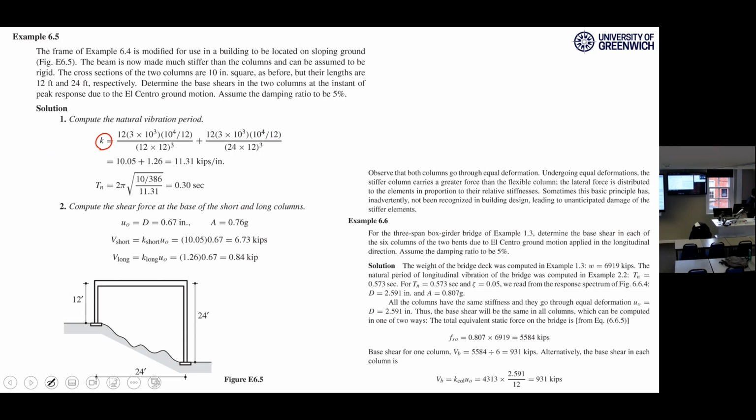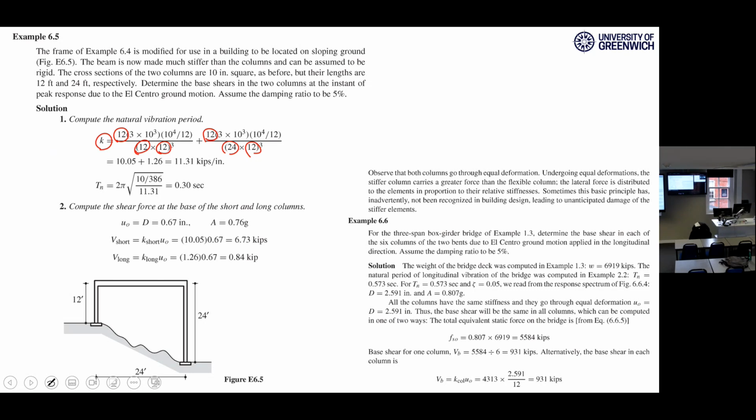It's going to use 12 EI over L cubed. Since the slab is rigid, it's using 12. But for different columns, we are using different heights. This is the height, this is the height, 12 and 24. That 12 is coming because it's transferring foot to inch.